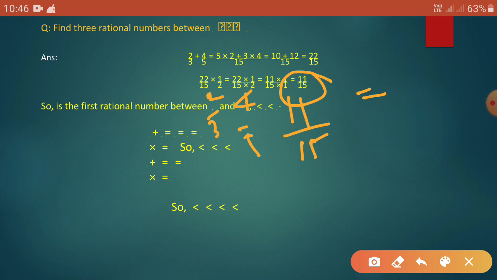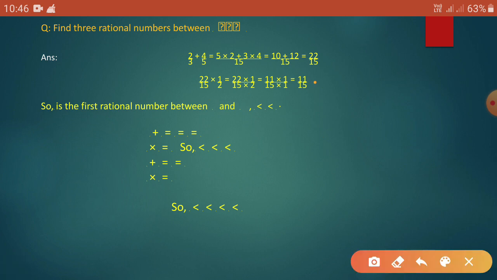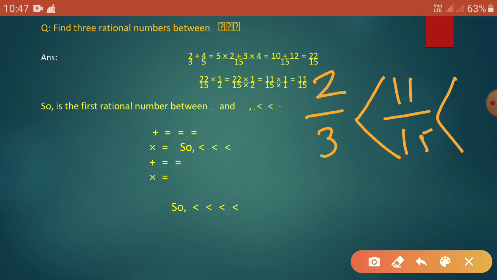So again, 11 by 15 is the rational number between 2 by 3 and 4 by 5. If we want to find the rational number between 2 by 3 and 11 by 15, we have to follow the same rules again.